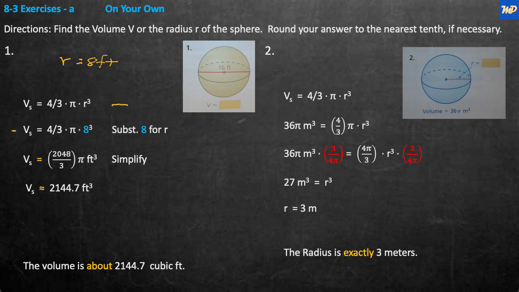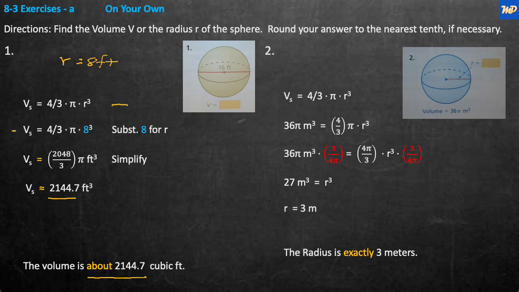Since we're leaving pi as symbolically itself, we don't have to divide by the 3 and get some fractional answer, so to speak. Anyways, when you do this, and then eventually you'll multiply by pi, you're going to get a volume of the sphere of 2144.7 feet cubed.